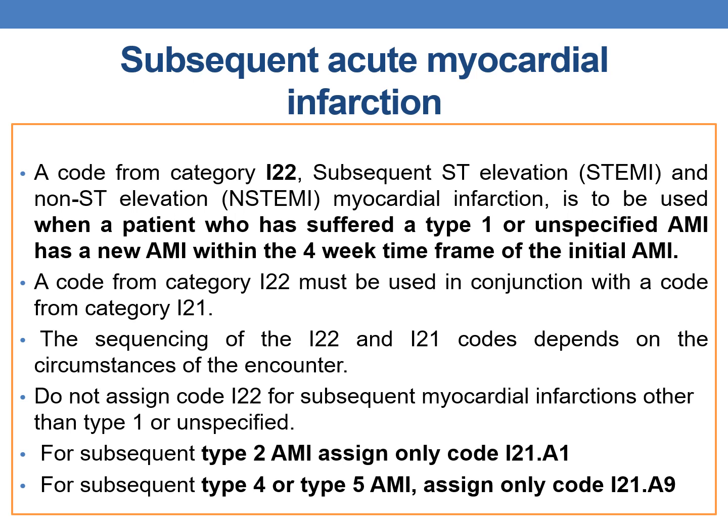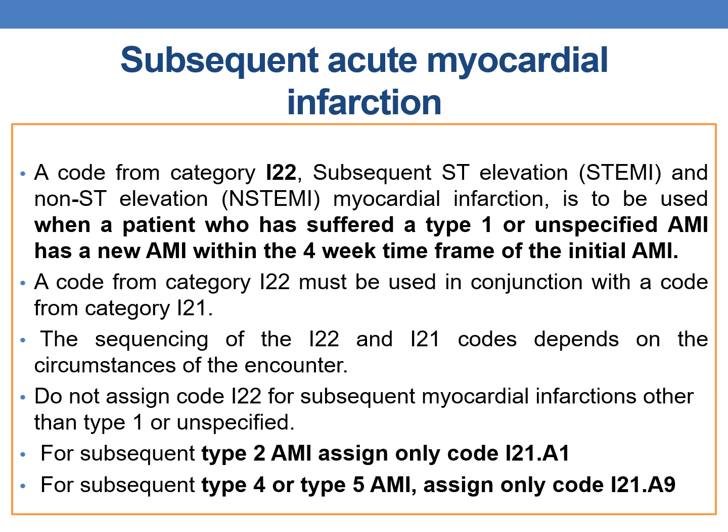A code from category I22, which is nothing but subsequent ST elevation and non-ST elevation myocardial infarction, is to be used when a patient who has suffered a type 1 or unspecified AMI has a new acute myocardial infarction within the 4 weeks time frame of the initial acute myocardial infarction. Then you need to code the I22 series.